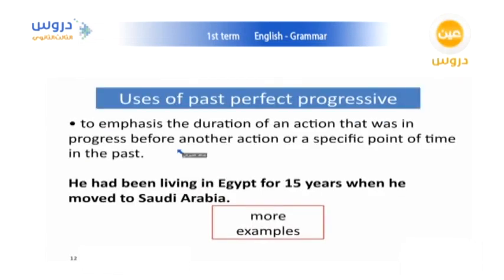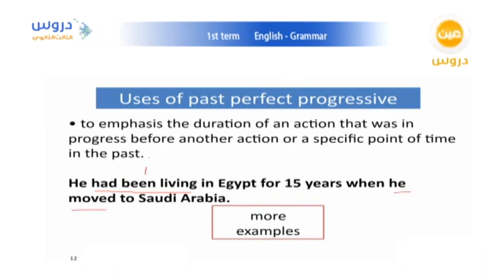Let's now move to the past perfect progressive. We use this tense to emphasize the duration of an action that was in progress before another action or a specific point of time in the past. He had been living in Egypt for 15 years when he moved to Saudi Arabia. So we have here had been living, this is the first action, and then when he moved.